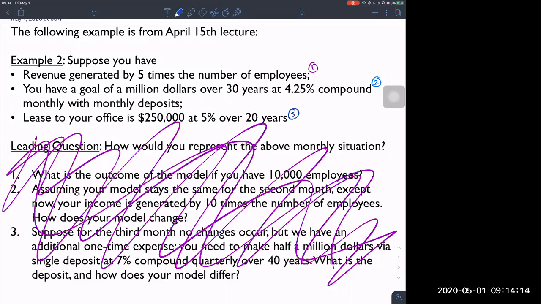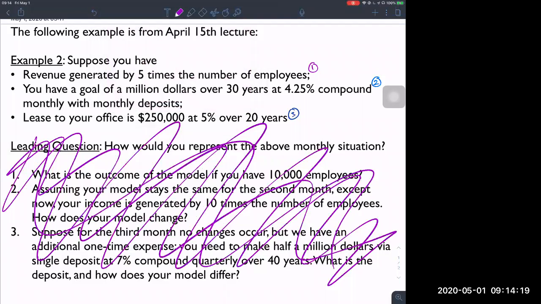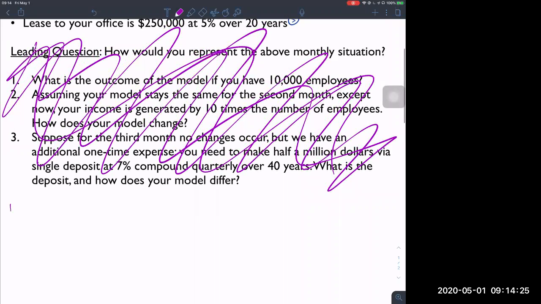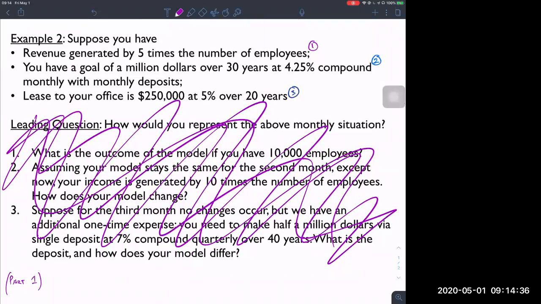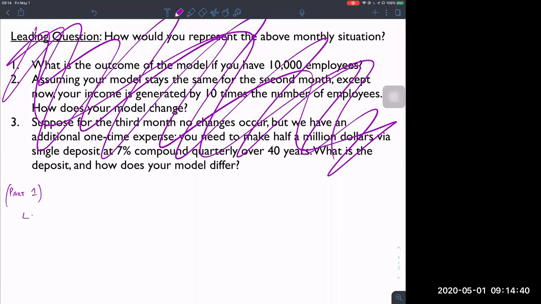I'll start with number 1. Number 1 here in purple, this isn't anything formally we learned in class. It's to make sure you realize, so again, this is part 1. This is nothing that was learned in class. When you have this written out, revenue generated by 5 times the number of employees, it's supposed to be teaching you linear stuff.